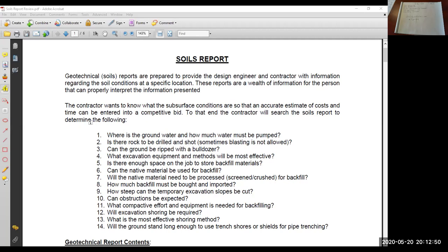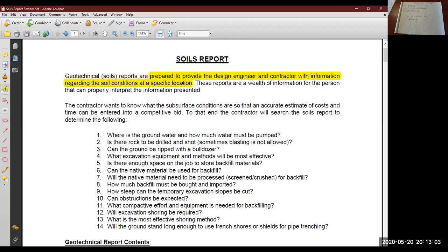So soils report. They're prepared to provide the design engineer and the contractor with information regarding soil conditions at a specific location. Typically the design engineers produce all of this information so that the other designers can complete their designs.